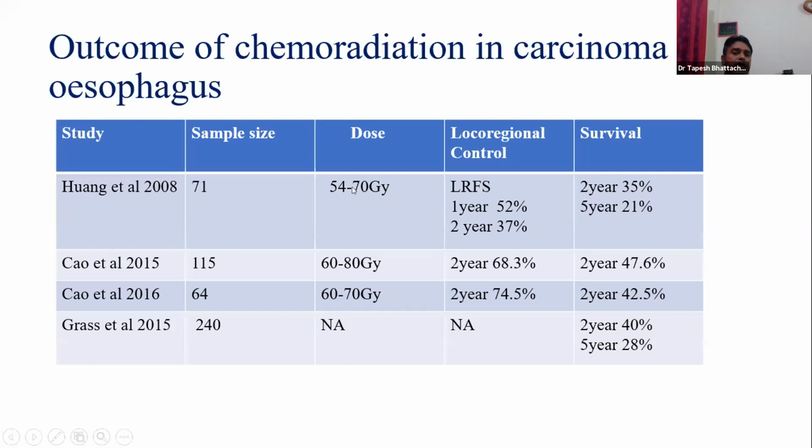They used around 54 to 70 gray dose. The local regional control at 2 years comes around 70%. 2-year survival is in the tune of 35 to 40%, and 5-year survival around 28%. So it's equivalent to surgery. Morbidity is less, mortality is less, and laryngeal, pharyngeal preservation is possible.